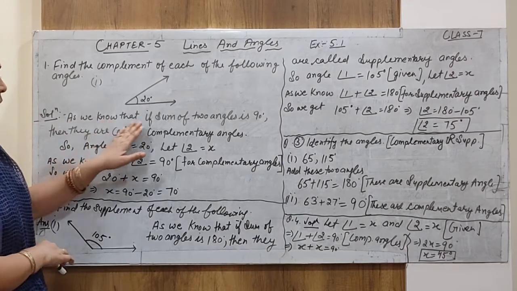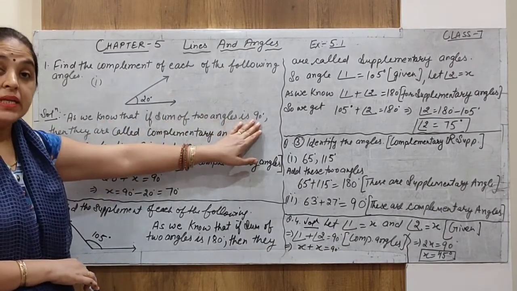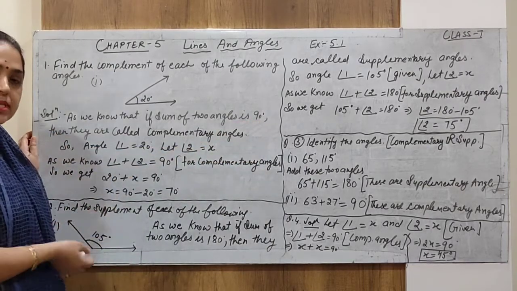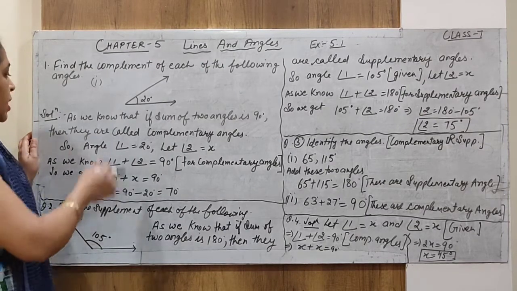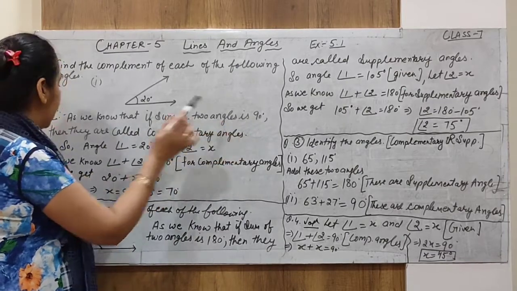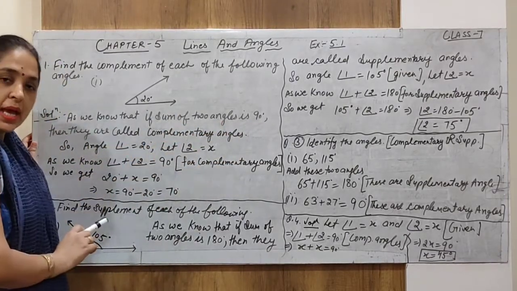As we know, if the sum of two angles is 90 degrees, because we have seen all the basics, all the definitions of complementary and supplementary angles. So as we know, when the sum of two angles is 90, then they are called complementary angles.